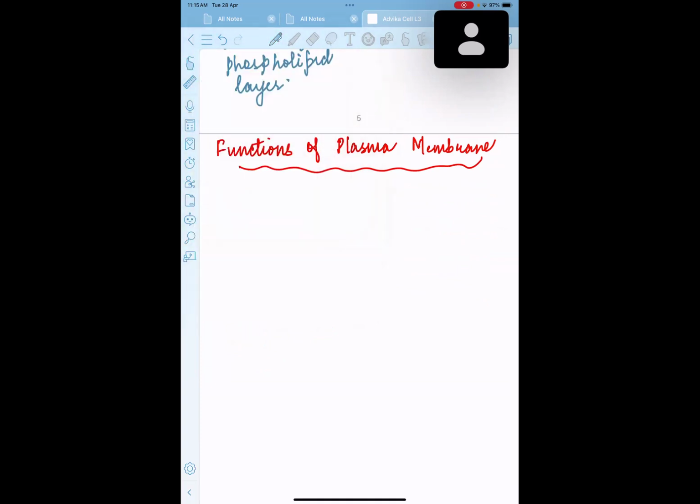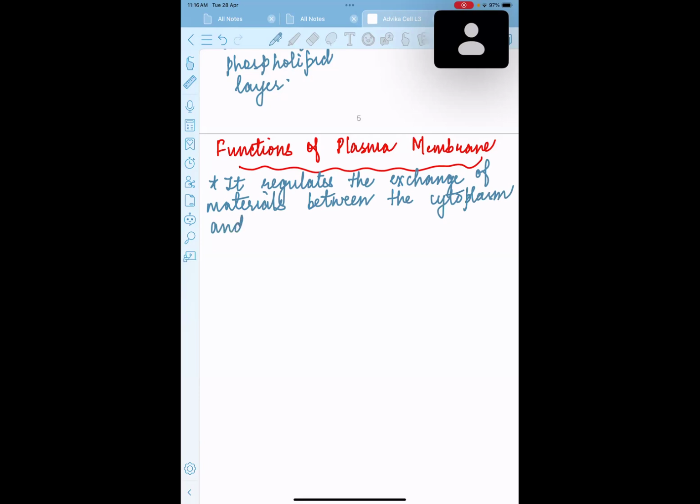When we talk about the function of the plasma membrane, basically it regulates the exchange of materials between the cytoplasm and the extracellular fluid. So whatever extracellular fluid is there, they will help pass those components in and out. Extracellular fluid is also called EC.